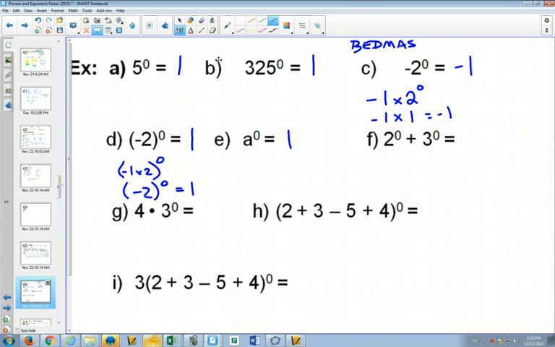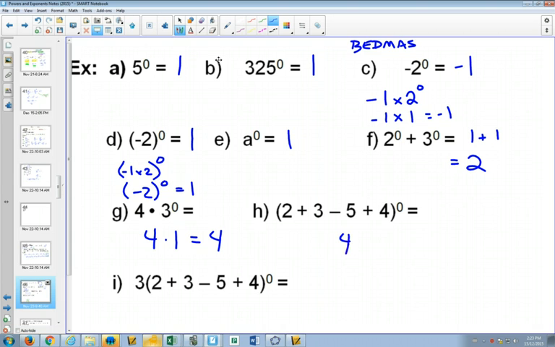You get 2, because this is equal to 1 plus 1, just 2. Order of operations here. Do I do 4 times 3 first, or do I do 3 to the 0 first? 3 to the 0 first. So it becomes 4 times 1, which is 4. You could add all this up. 2 plus 3 is 5 minus 5.